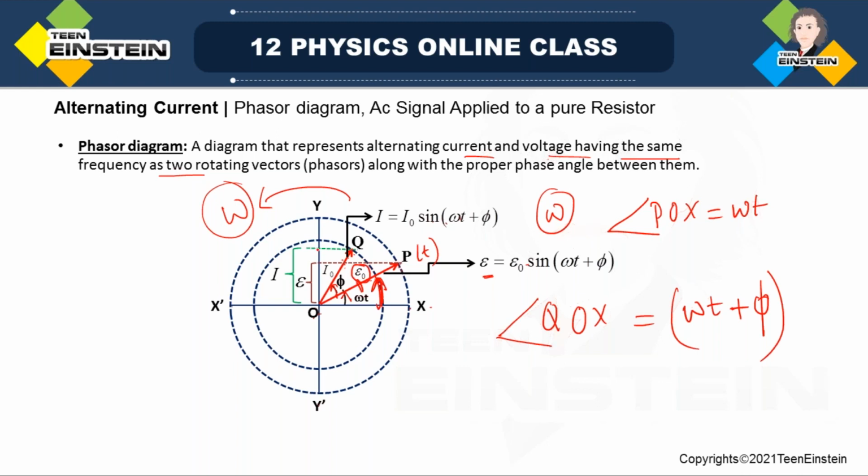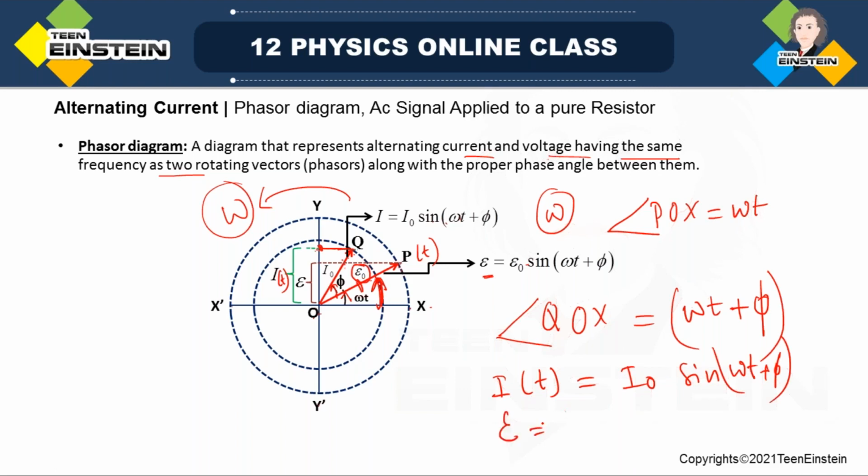Now look at this particular position. If I take the projection on the vertical axis OY, the projection is this one. This is I, which gives the instantaneous value, which I can write as I0 sine(omega t plus phi).